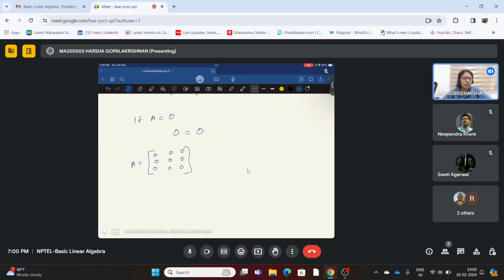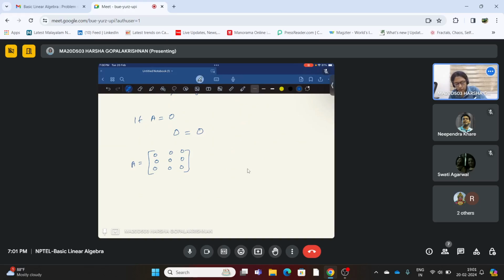What do you think the adjoint will be? It should be 0, because in the adjoint we take one element, remove the corresponding row and column, and find the determinant of the remaining part. The remaining part is also just zeros.